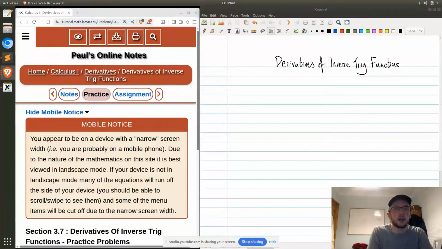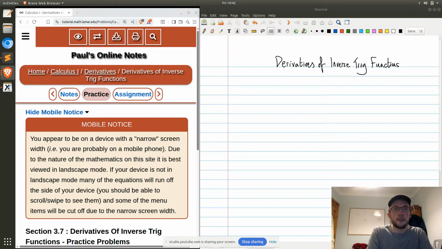So inverse sine is also known as arc sine. Inverse cosine is also known as arc cosine. Inverse tangent is also known as arc tan. And likewise for arc secant or arc sec, and arc cosecant or arc cosec, and arc cotangent or arc cot.